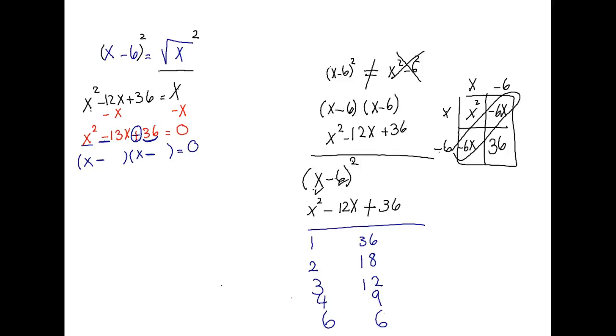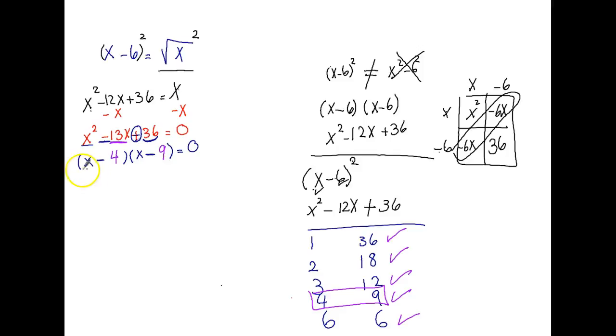So we're going to check each of these 2 and see which 2 will give me the sum of 13, the middle term. So 4 plus 9 is 13. So 1 gets the 4 and 1 gets the 9.